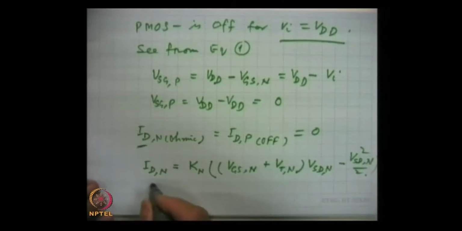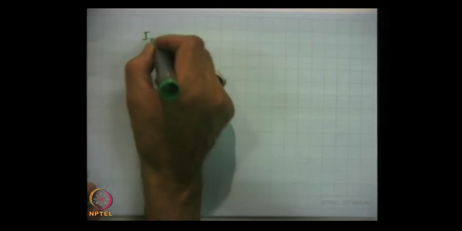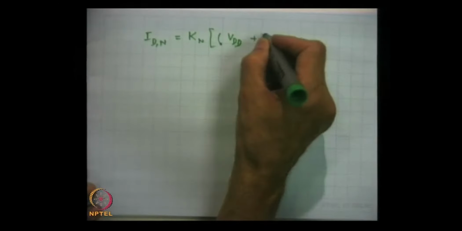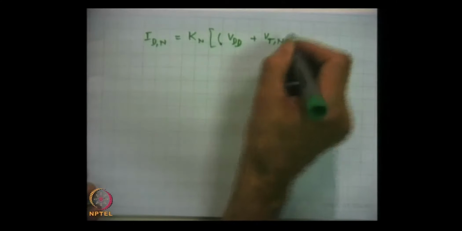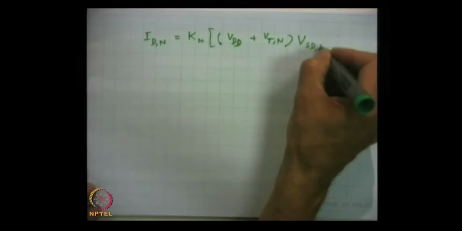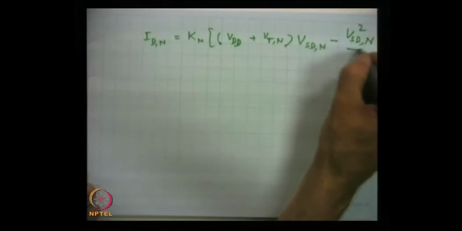And since VGSN is equal to input, which is VDD, we replace this by VDD and we get IDN equal to KN times (VDD plus VTN) times VSDN minus VSDN square by 2.